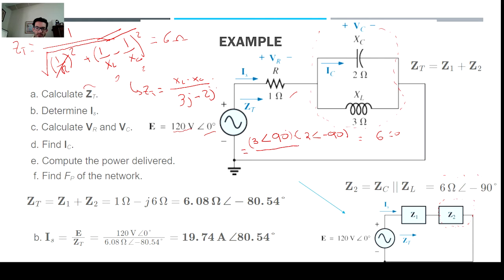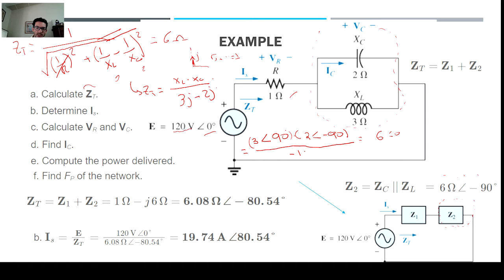But this is in parallel, so we have a denominator, and the denominator is going to be 3 minus 2, which is minus 1j, and you know that j is the imaginary axis. If we were to draw this, we have 0 in the real axis and 1 in the imaginary axis, and then the square root of 0 plus 1 squared is simply 1, right?